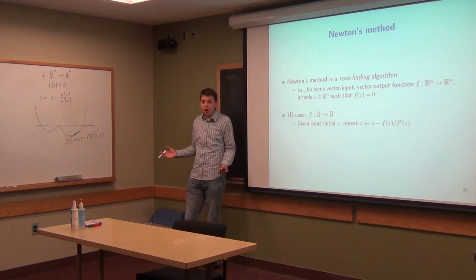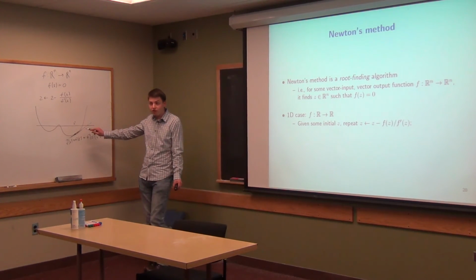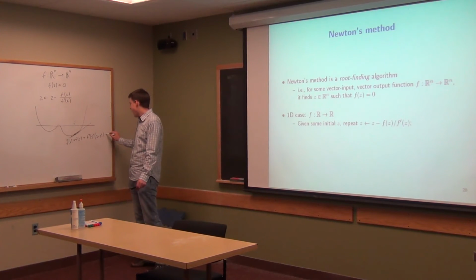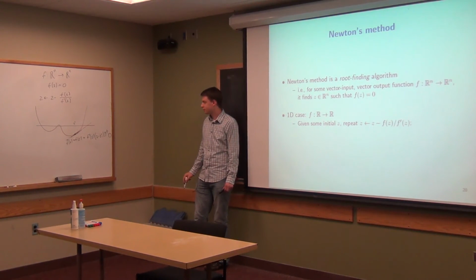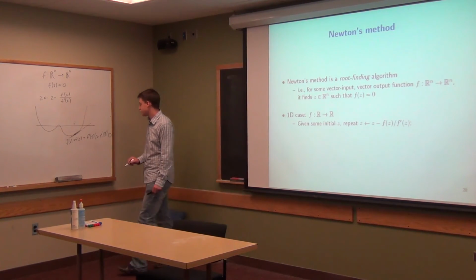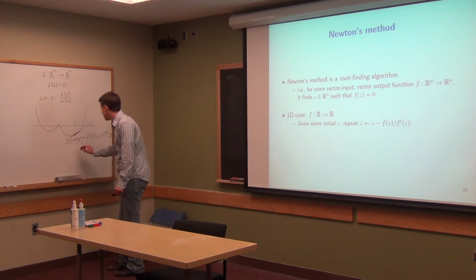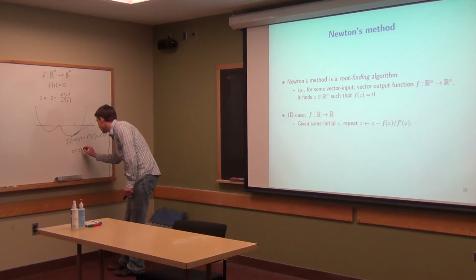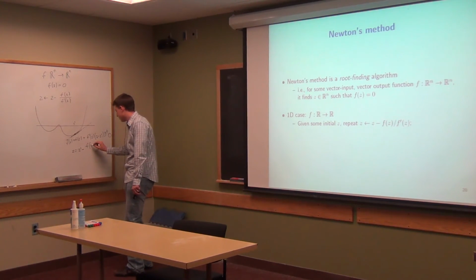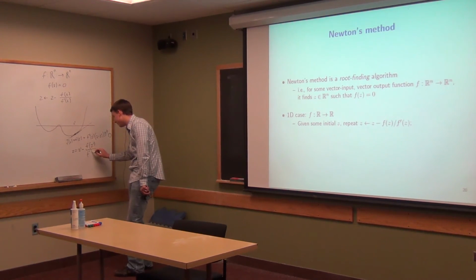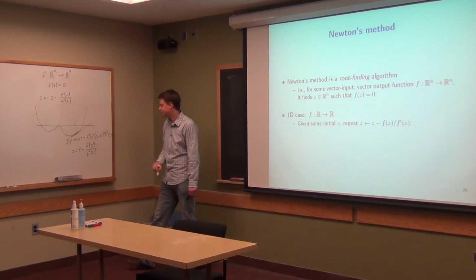And what Newton's method does is say, if we take this linear approximation to the function, we set that equal to 0. The analytical solution for this will be z equals z1 minus f of z1 divided by the derivative of f of z1.